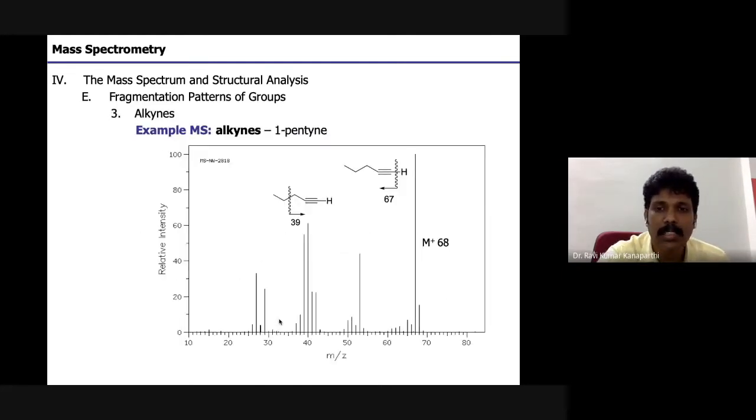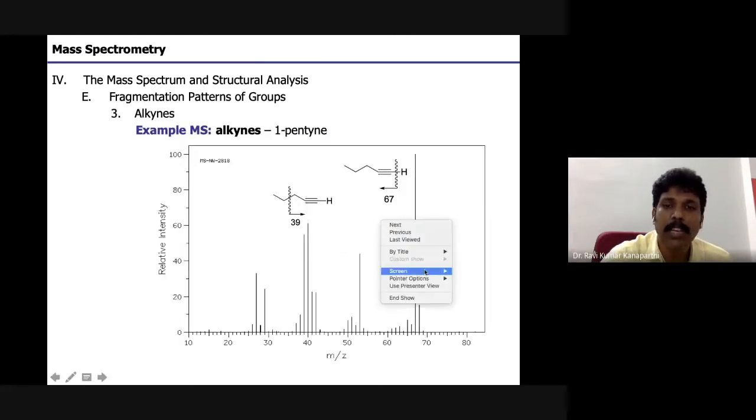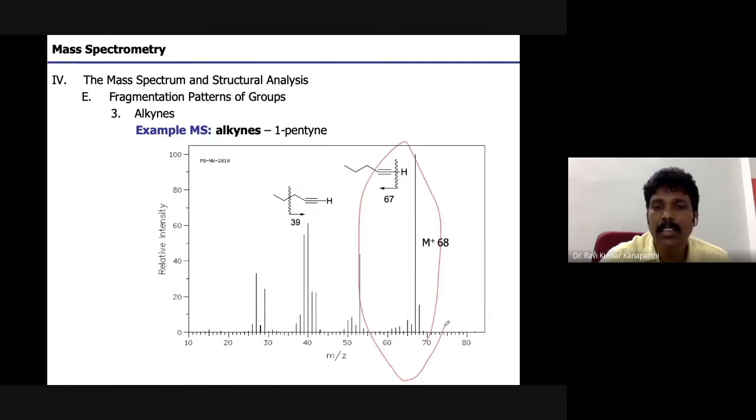And this is the best example. You can see in the 1-pentyne case, there is a clear cut 68 peak. This shows a very intense one, and in fact, it is the base peak. Why is it the base peak? Because you can see its intensity is 100%.